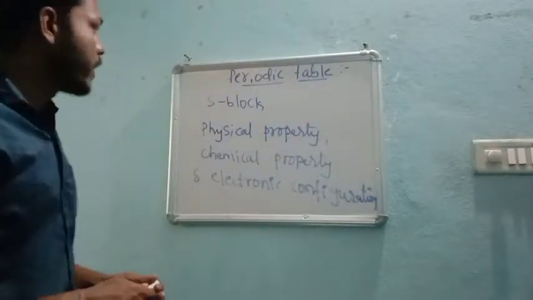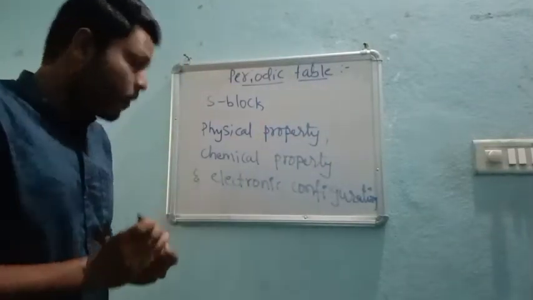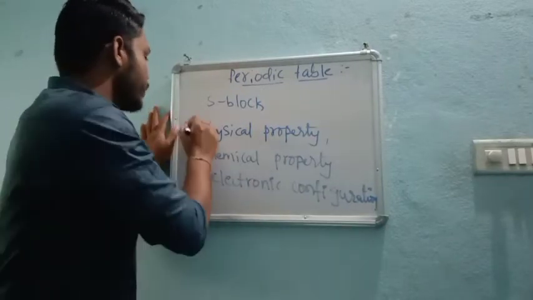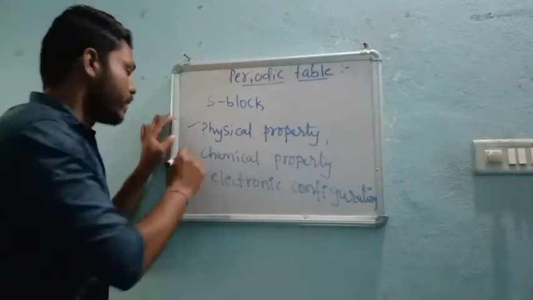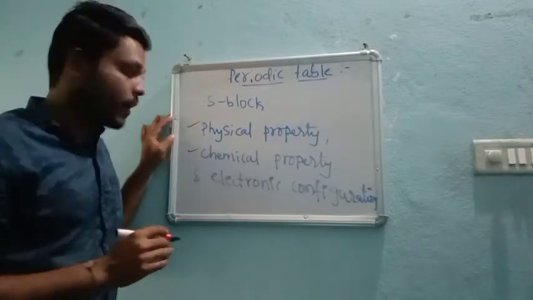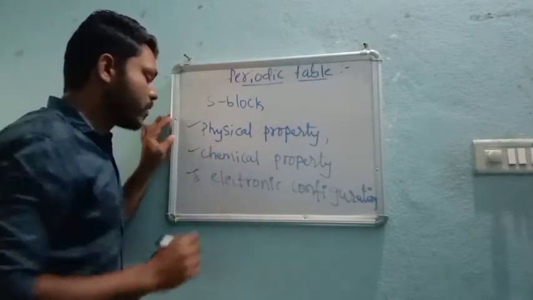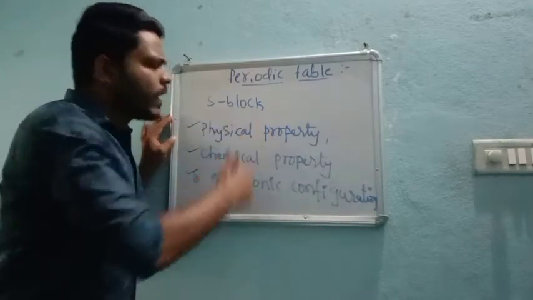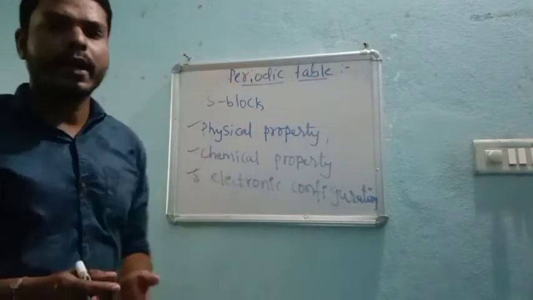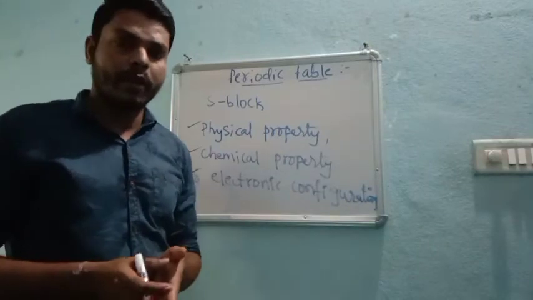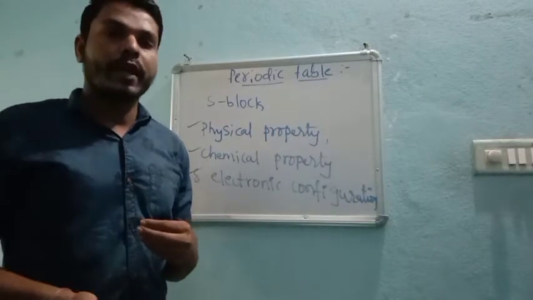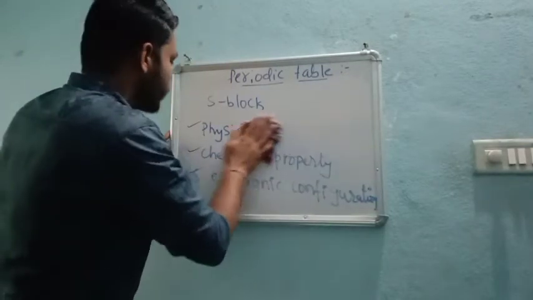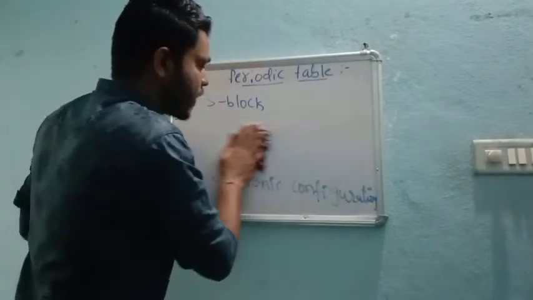So in the periodic table, the elements are arranged based on their physical property or chemical property, or based on electronic configuration and their metallic character, non-metallic character, metalloid character, electronegativity character, and the noble gas character. Based on that, these elements are arranged.